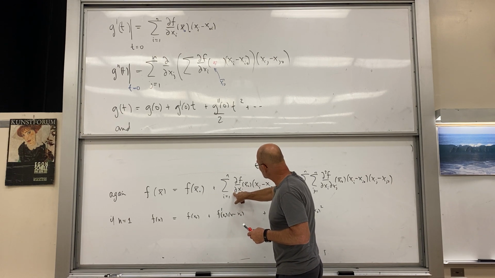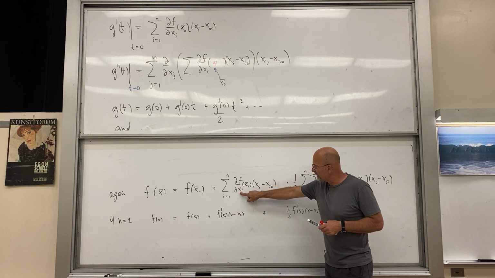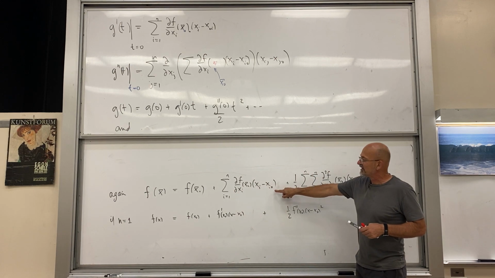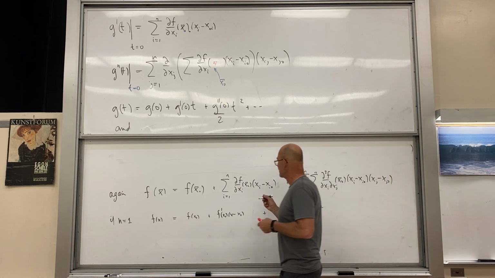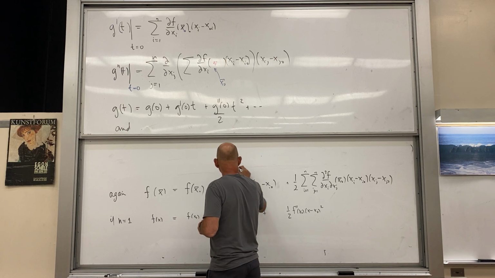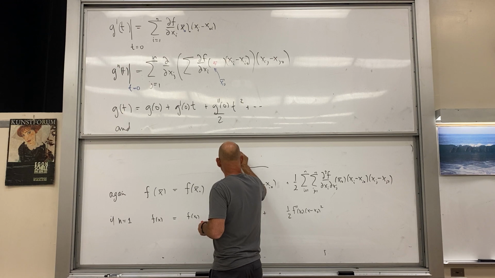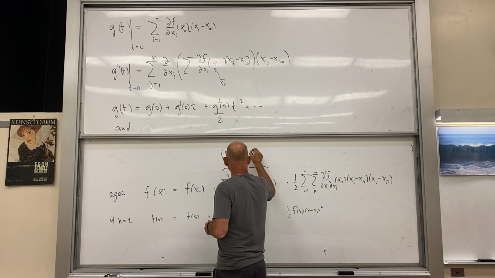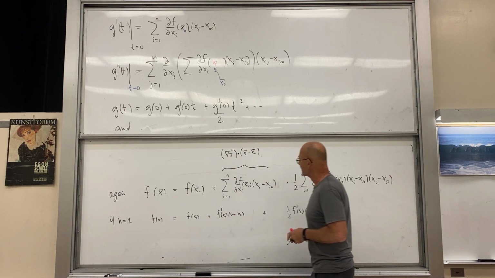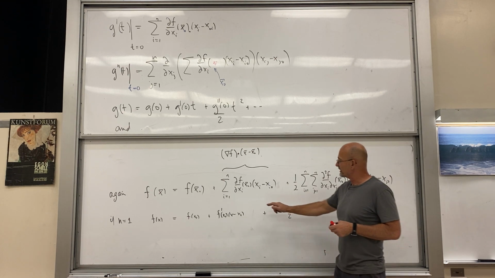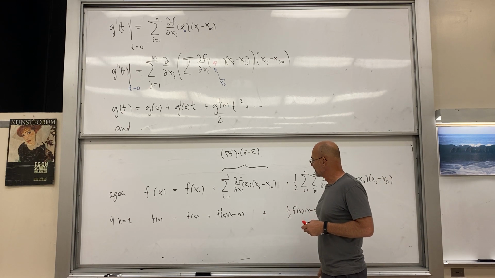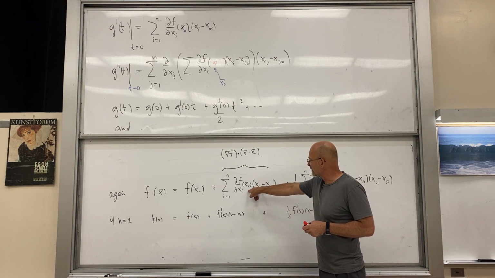This could be thought of as a dot product between an n-dimensional gradient and a vector. So here, I'm going to put gradient f dotted into x minus x0. That's what this means. In 3 dimensions, literally, in n dimensions, as a scalar product with the sum there.